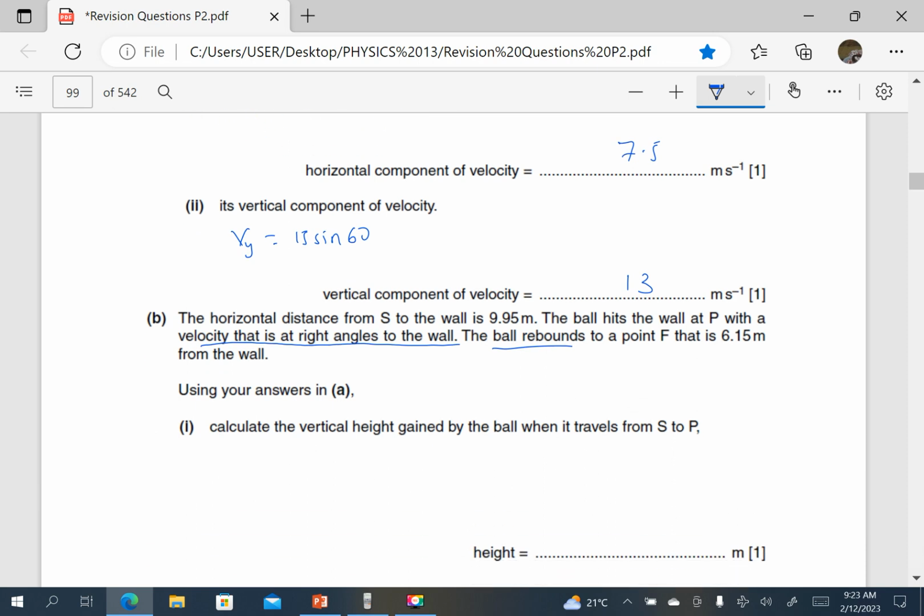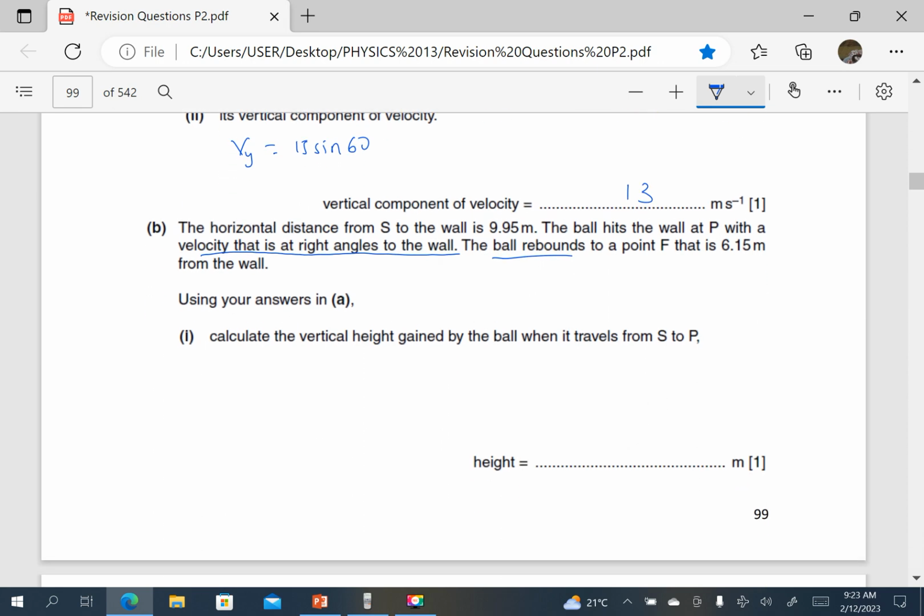Use your answers in A to calculate the vertical height. So we shall use V squared equals U squared plus 2AS. Since height is in the vertical, I'm considering vertical motion. At maximum height, V is 0, so this is 0 squared. Initial velocity in the vertical, we resolved it and we got 15 sine 60, which is 13.